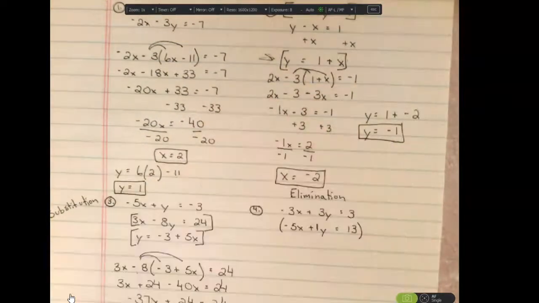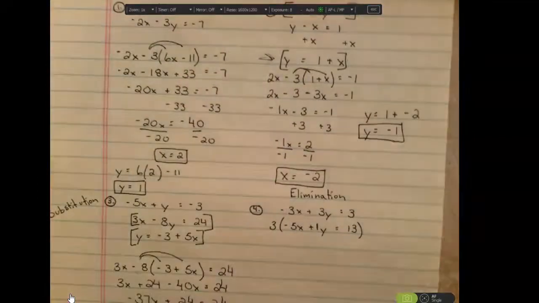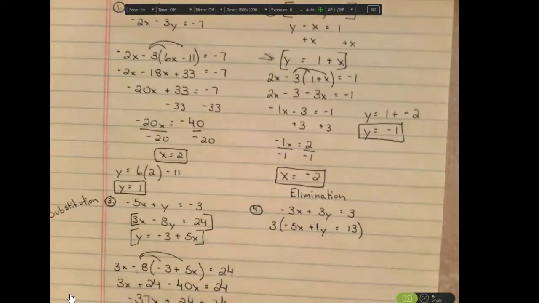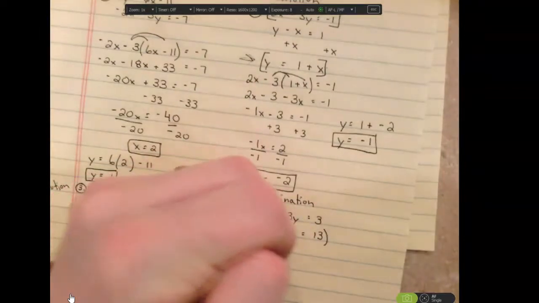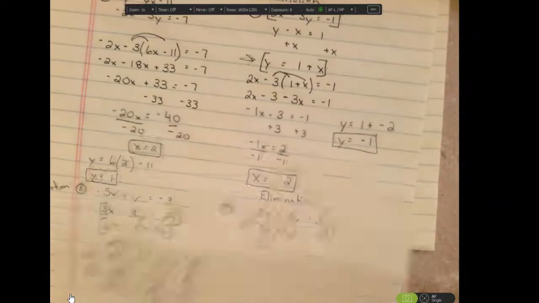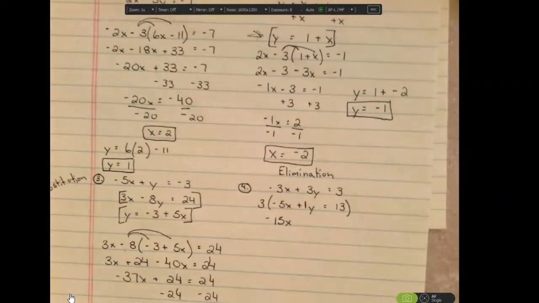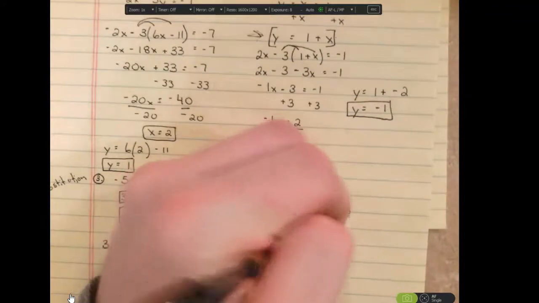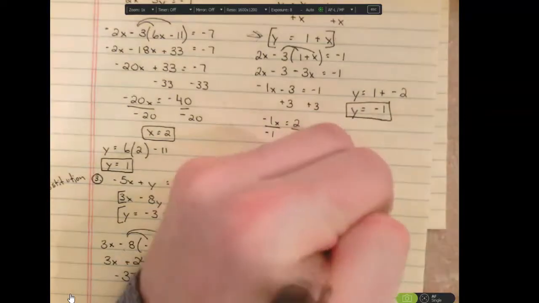So I'm going to multiply this entire equation by 3. So when I go through here and I multiply, I'm going to get -15x. All I'm doing here is distributing. So I'm distributing this 3 into everything in my parentheses. So I'm going to get -15x plus 3y equals 13 times 3, 39.